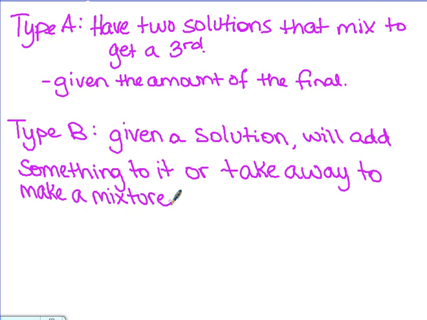Now, in these problems, you have to be careful because you can either be given the amount of the first solution or you're given the amount put in or taken away.